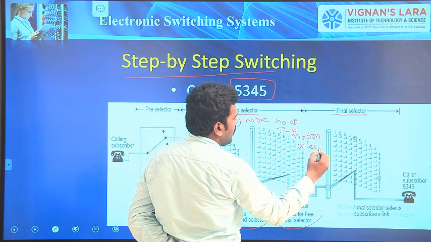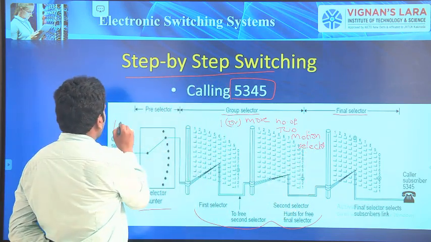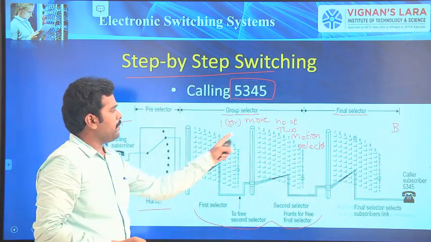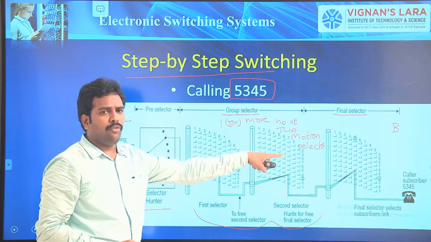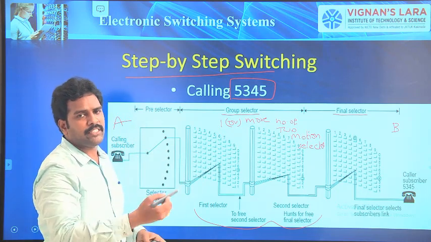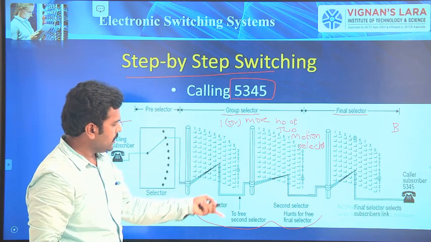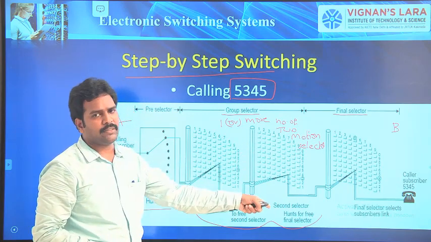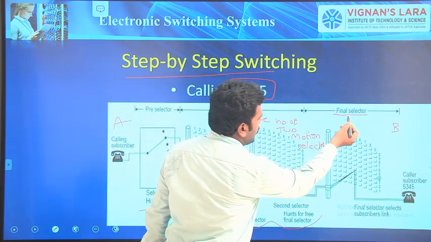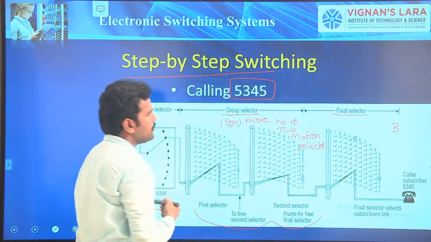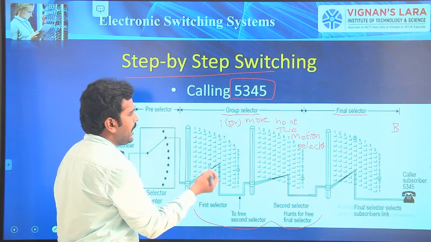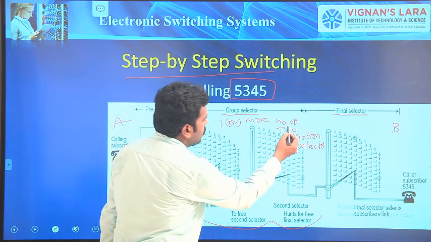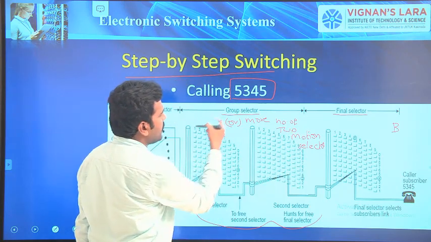To establish a connection between the calling and called subscriber, A and B, the call may cross one or more two-motion selector switches based upon the distance. In this example it contains only two two-motion selector switches, and the last one is the final selector switch. For example, if it contains three two-motion selector switches, what will the number be?